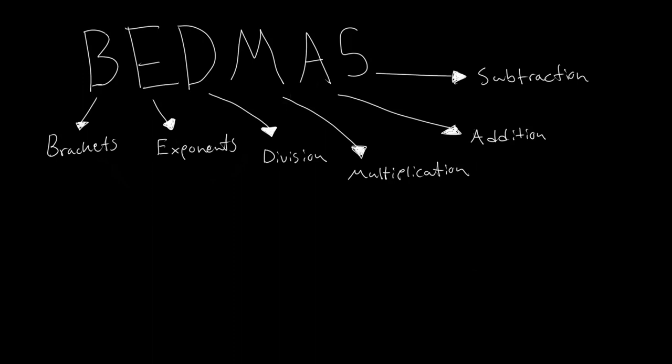So if you can simply memorize BEDMAS, you know the proper order of operations to do 100% of the time for any mathematical equation. Again, that means first you solve the brackets, then the exponents, then any sort of division, any multiplication, any addition, and finally any subtraction.